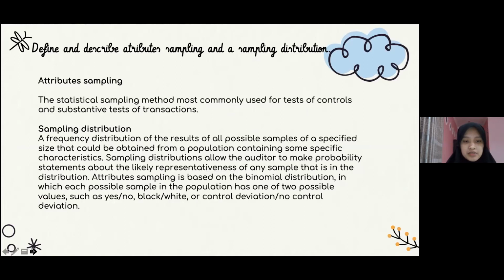The sampling distribution allows the auditor to make probability statements about the likely representativeness of any sample that is in the distribution. And attribute sampling is based on the binomial distribution, in which each possible sample in the population has one of two possible values, such as yes or no, black or white, or control deviation or no control deviation.